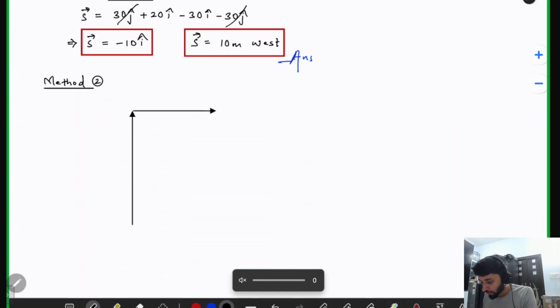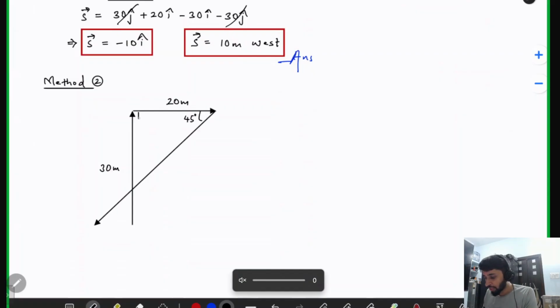So this complete length is 30 meter, this length is 20 meter. Now 30 root 2 meter southwest. You need to understand that southwest means exactly between south and west.